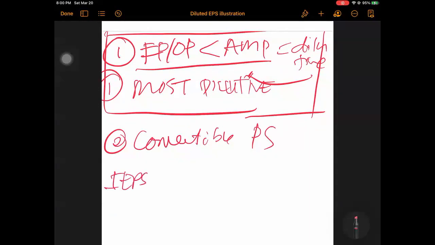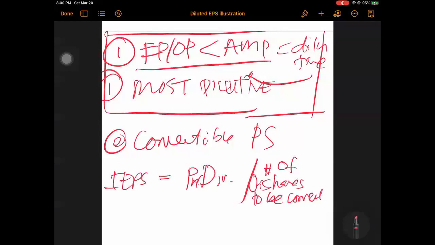The formula is you have incremental earnings per share for convertible preference shares equal to the amount of preference dividend divided by the number of ordinary shares into which the preference share is convertible. Okay, this is how we compute for the incremental earnings per share under convertible preference share.